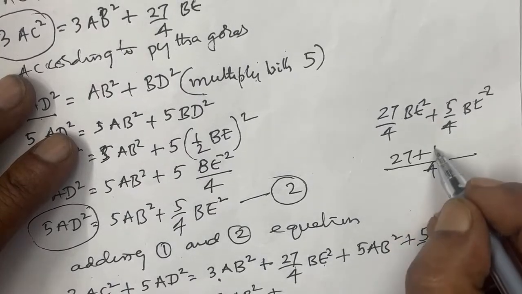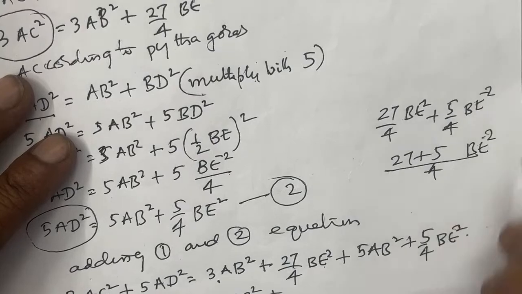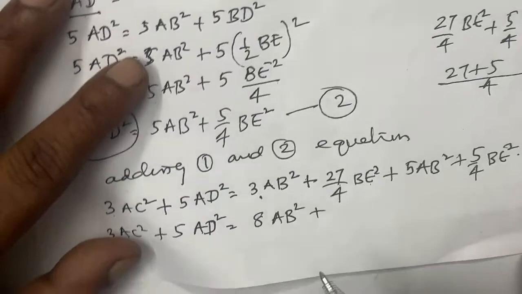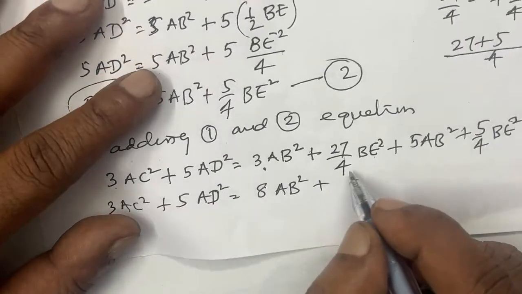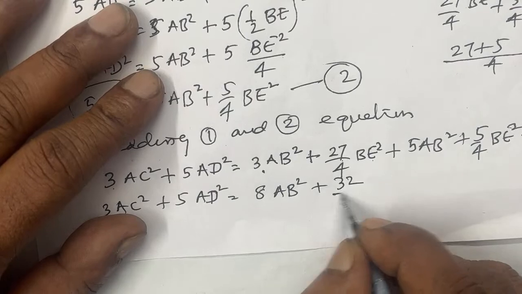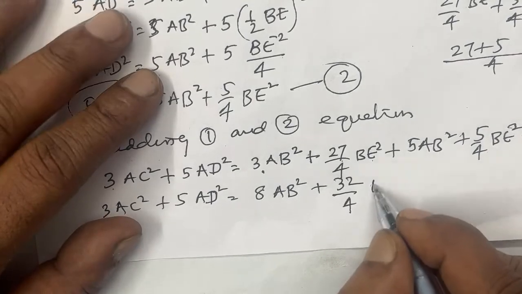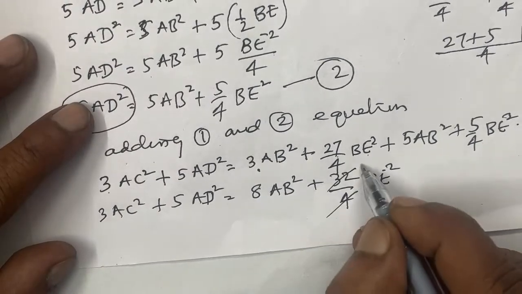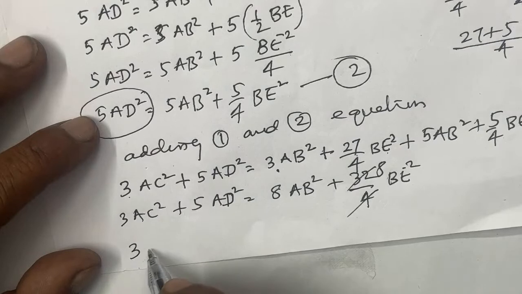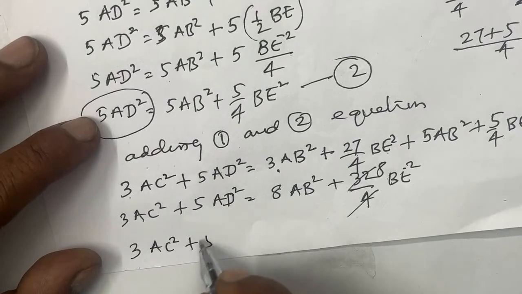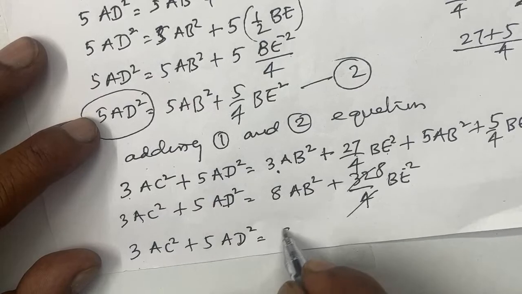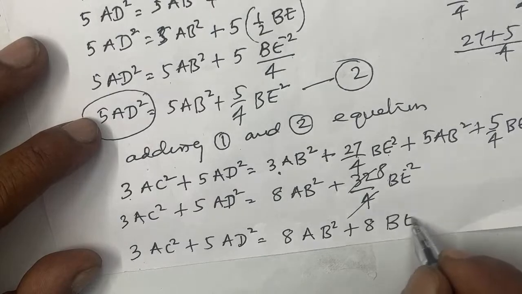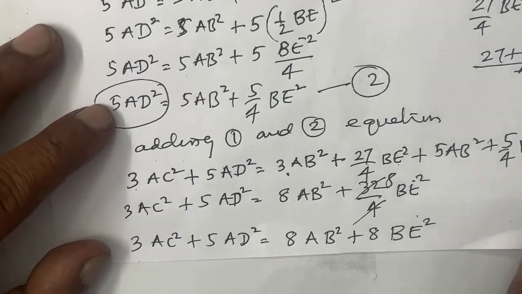Here 27 plus 5 will come, that means 32. 32 by 4 BE square, so 32 by 4 means 8 BE square. Now what equation did I get? 3AC square plus 5AD square is equal to 8AB square plus 8BE square.